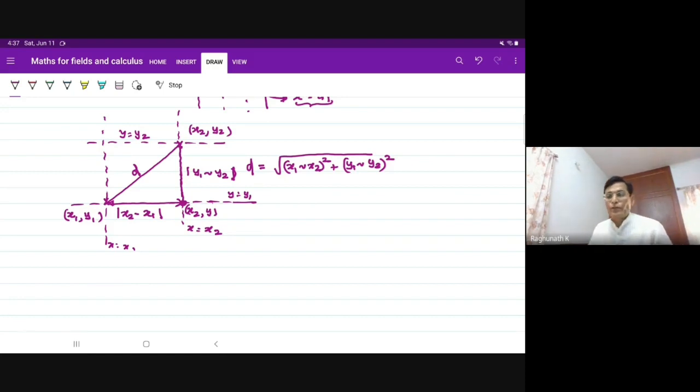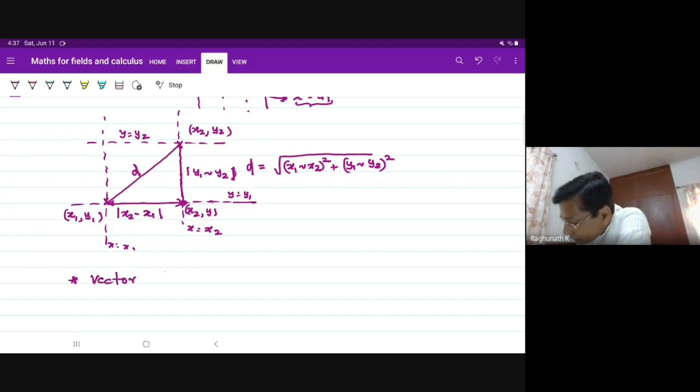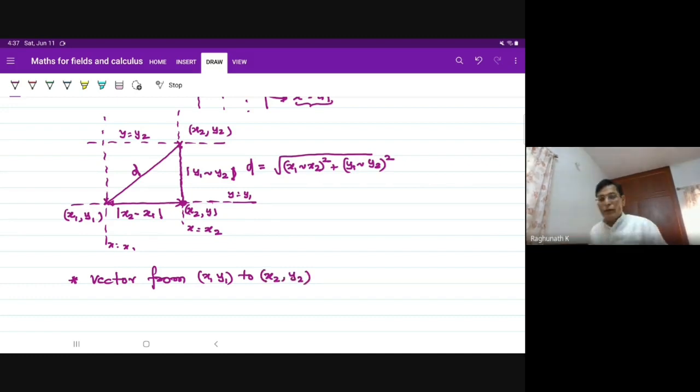Next, vector from x1, y1 to x2, y2. Careful now.